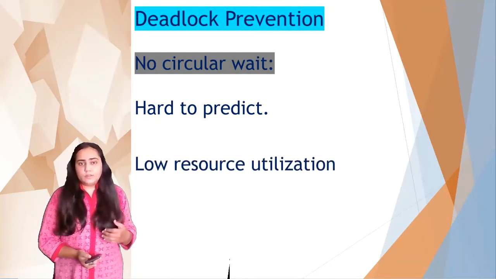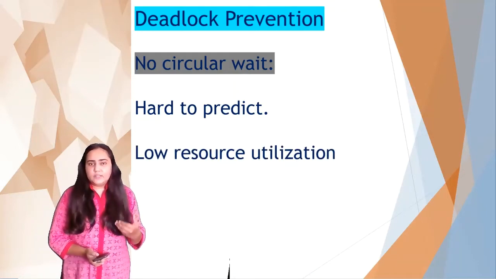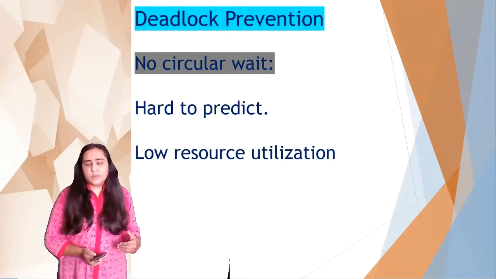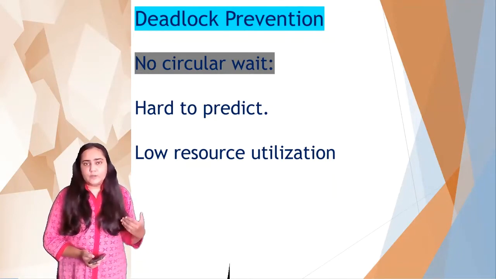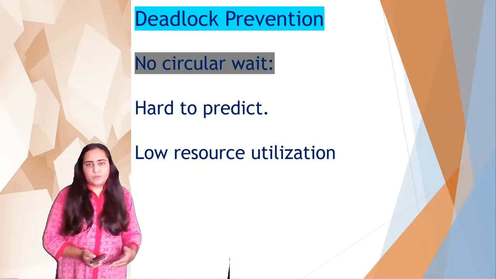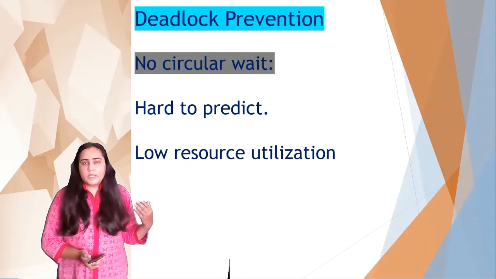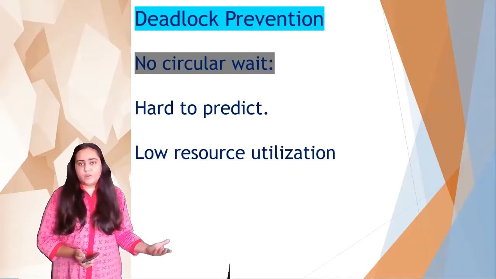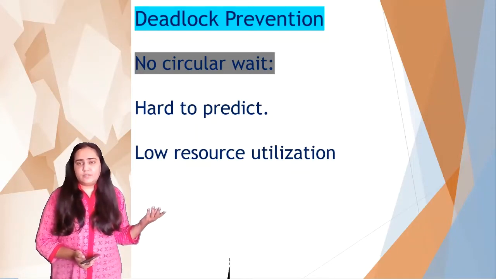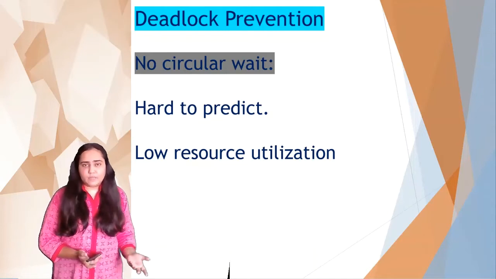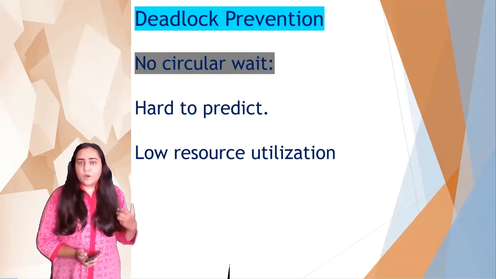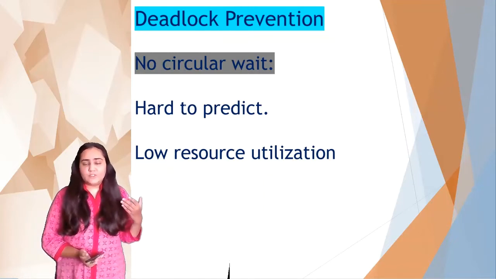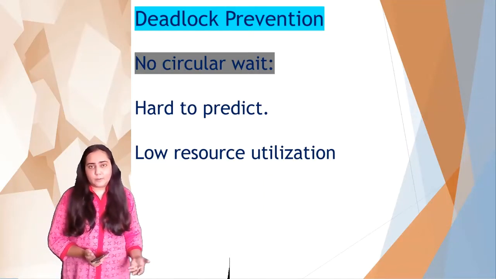And also, it leads to low resource utilization, because it's possible that I have a transaction that's going to take about 1 hour to run, and in the beginning it requires data item A, but it requires data item D after, say, 25 minutes. But it will still hold data item D for those 25 minutes because it has to acquire the lock before beginning.